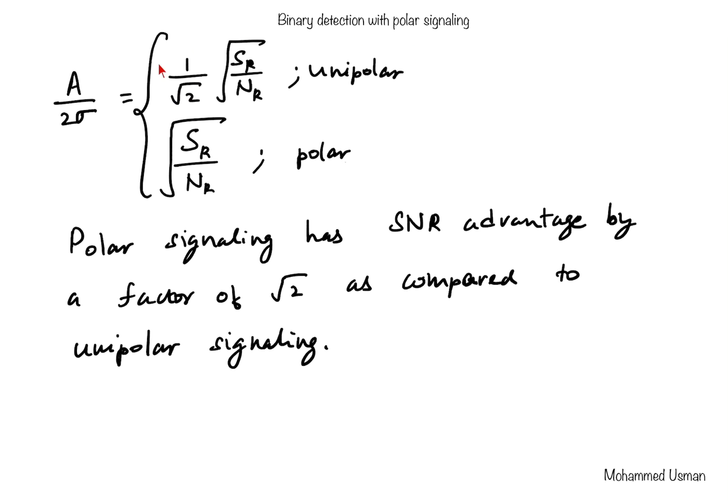So the threshold is smaller in the unipolar case, and therefore we say that polar is better than unipolar by a factor of root 2, and hence even in the M-ary analysis we are going to do only polar signaling. Okay, we will wind up here and we'll continue in the next lecture.